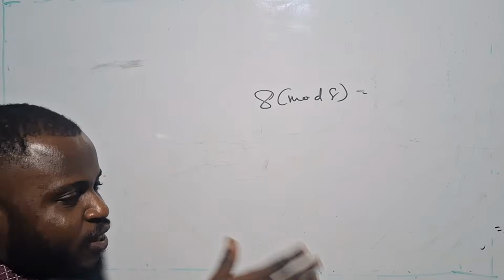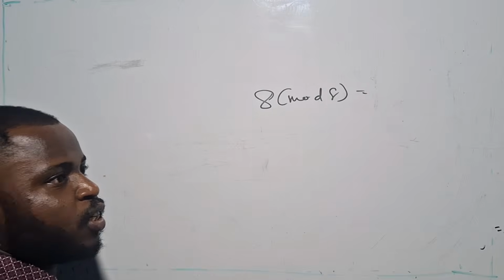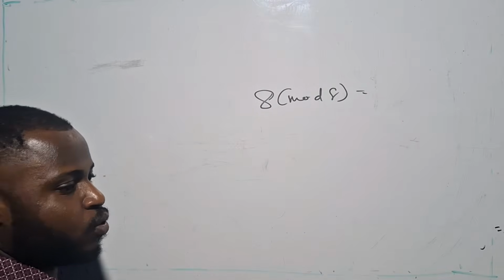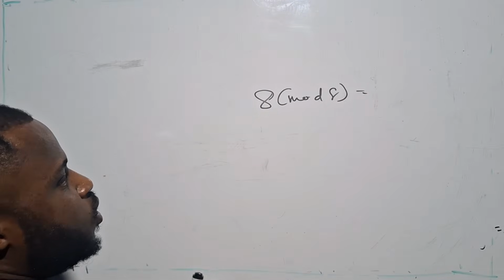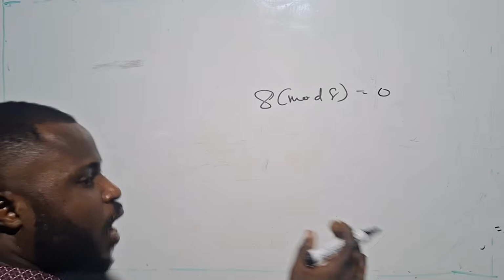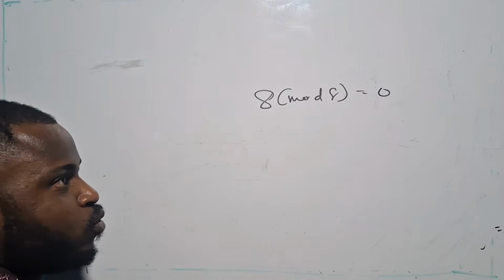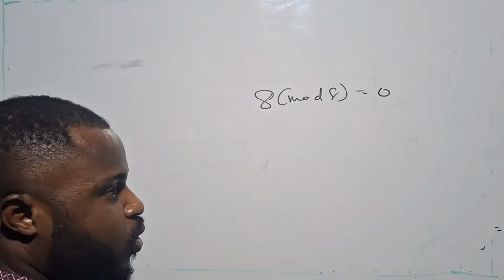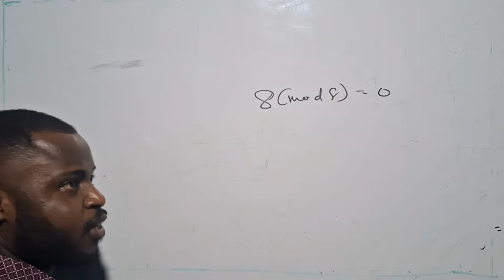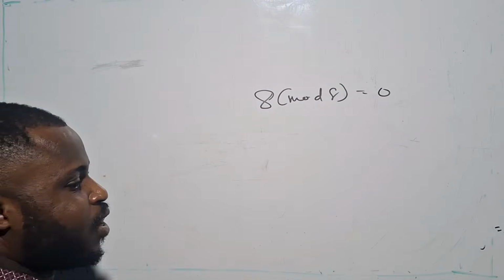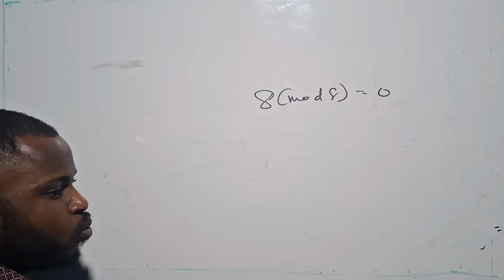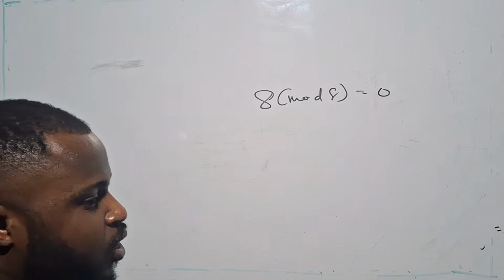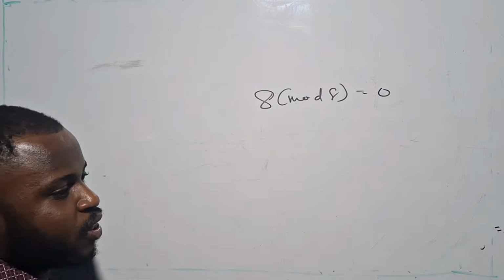Any number modulo itself is 0. So 8 mod 8 is 0, because I've explained that we have two methods, the division method and the repeated subtraction method. The answer you get should be lesser than the modulo. If the answer is lesser than the modulo, it's accepted.